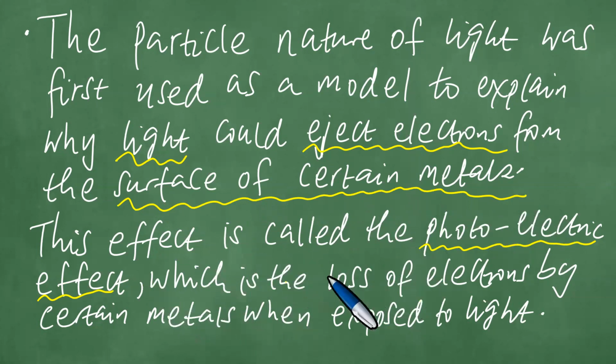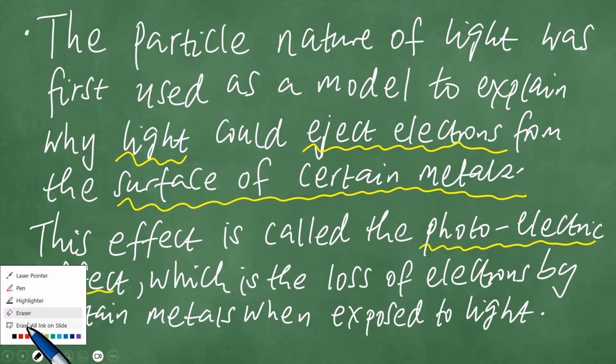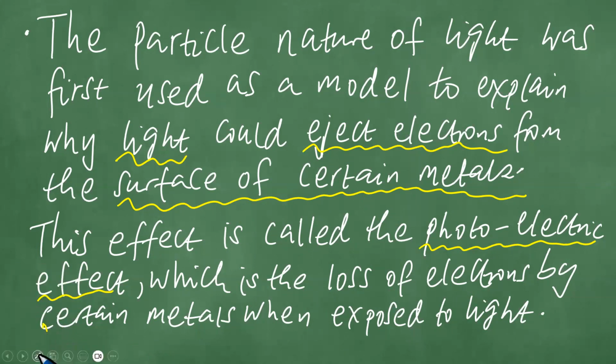The photoelectric effect is the loss of electrons by certain metals when exposed to light. Note that one.